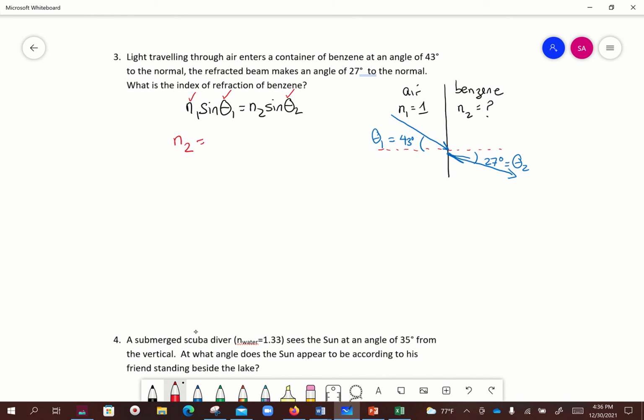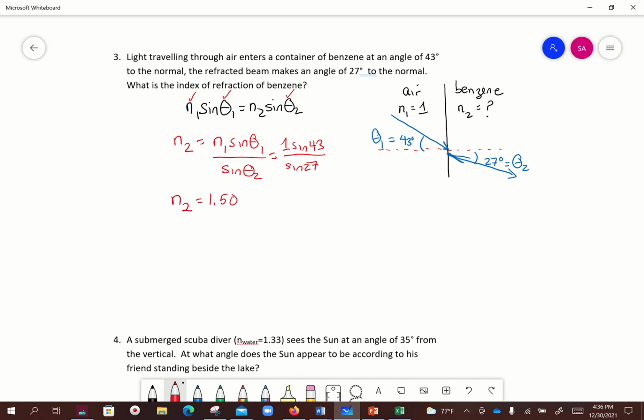N2 is just equal to N1 sine theta 1 over sine theta 2. And the only thing you have to do is make sure your calculator is in degrees, not radians. So N1 is 1 times sine of 43 divided by sine of 27. And I get that N2 is equal to 1.50.